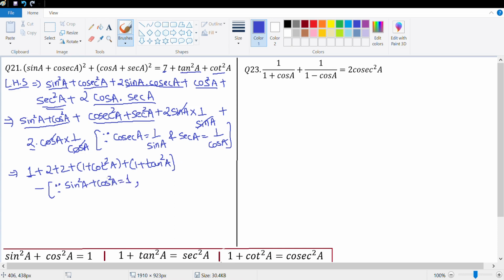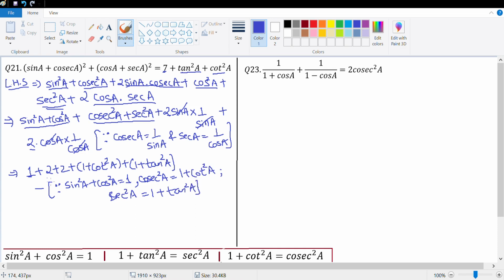That's the first one. In fact, we are using all 3 identities in this question. The next is cosec square a is equal to 1 plus cot square a, and the last one being sec square a is equal to 1 plus tan square a.